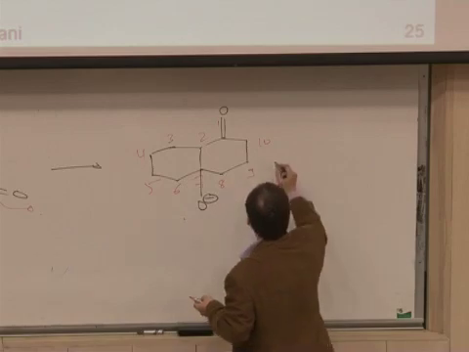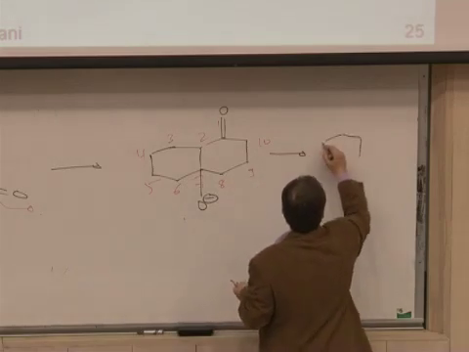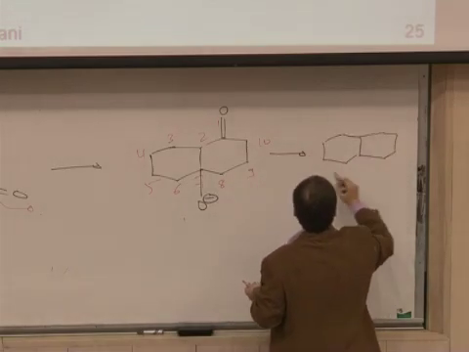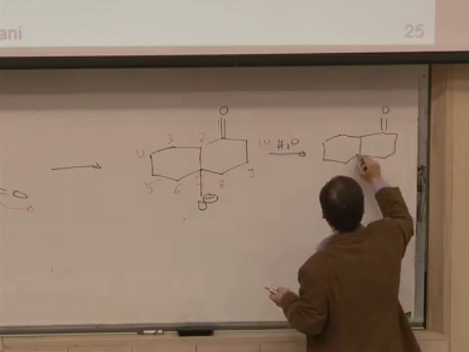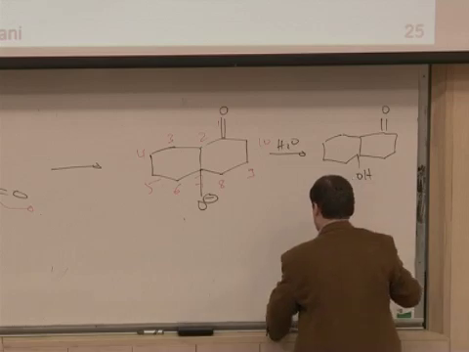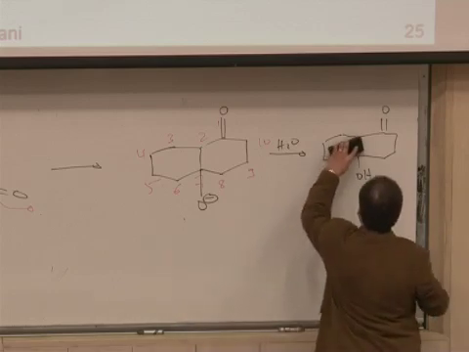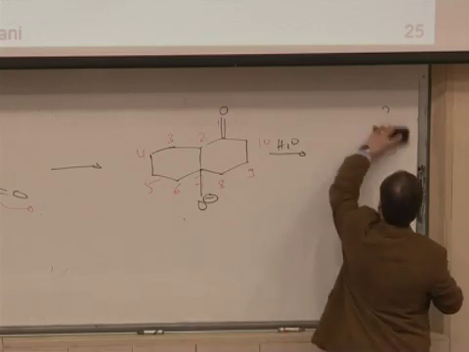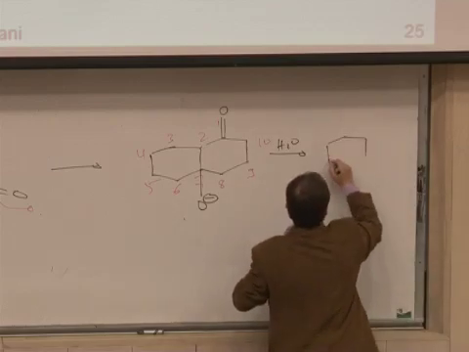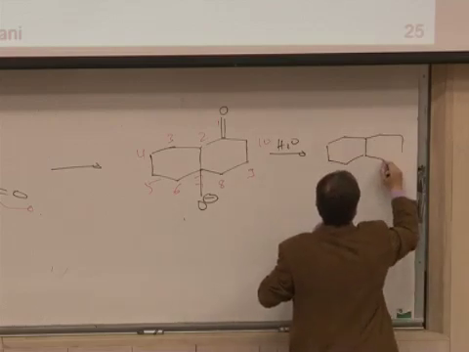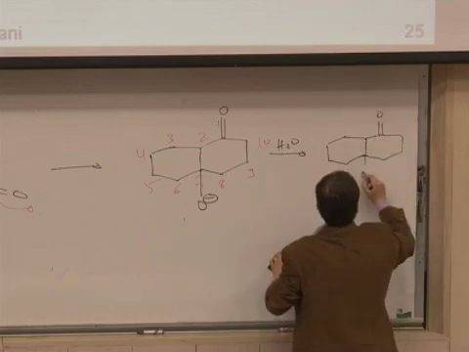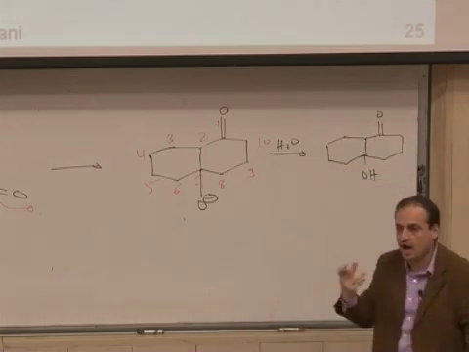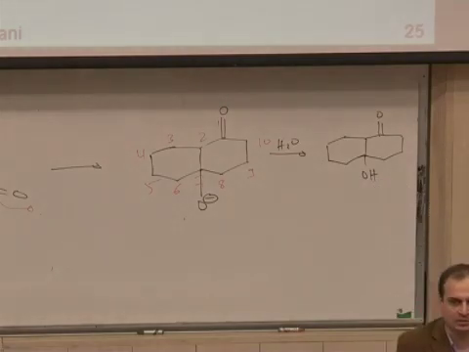Now this O minus is going to be protonated. And I am getting my aldol product. Now, where are the hydrogens that are beta to the hydroxyl?